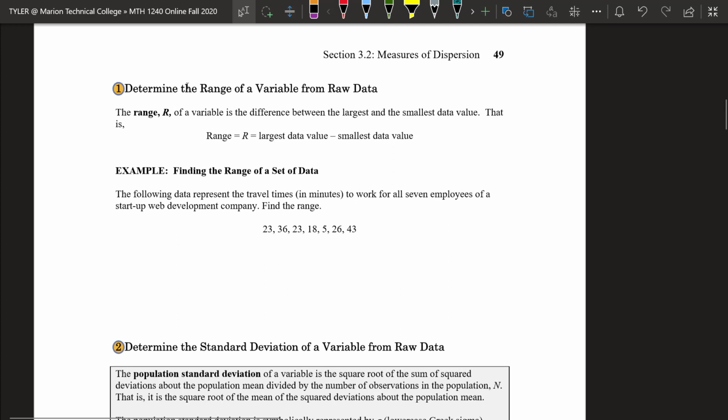Right? So that was just to get us thinking a little bit about dispersion, right? So we're thinking about how data is spread out. So the simplest measure of dispersion is called range, right?